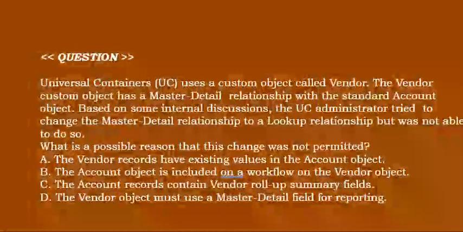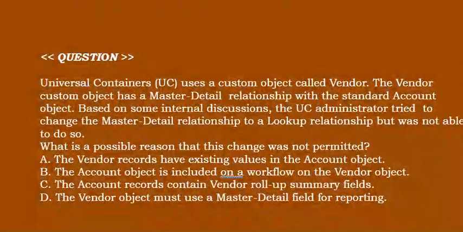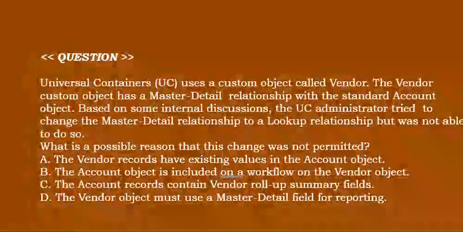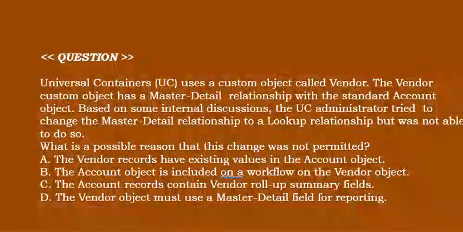Next question is, Universal Containers UC uses a custom object called vendor. The vendor custom object has a master detail relationship with the standard account object. Based on some internal discussions, the UC administrator tried to change the master detail relationship to a lookup relationship but was not able to do so. What is a possible reason that this change was not permitted?